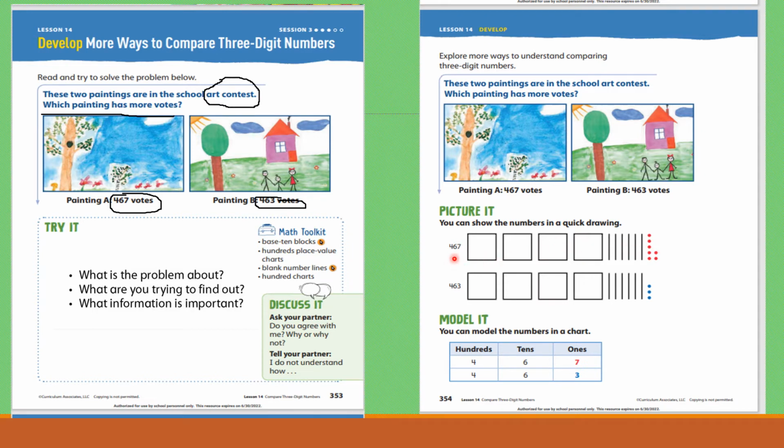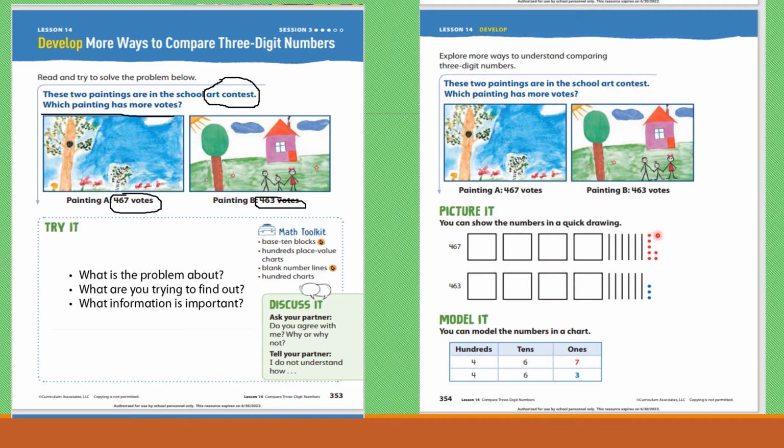So, 467, we would show it or picture it as 100, 200, 300, 400. Okay, there are 400s here in the number 467. Then 10, 20, 30, 40, 50, 60, 6 tens in the number 467.